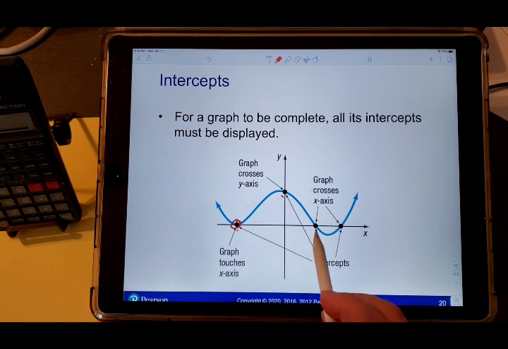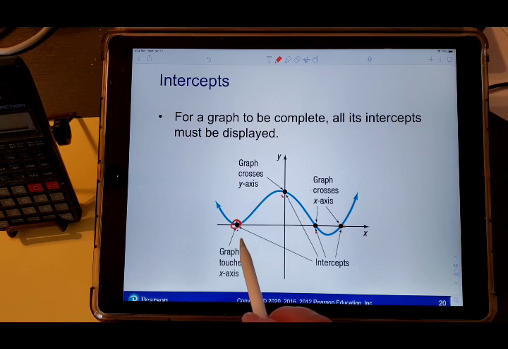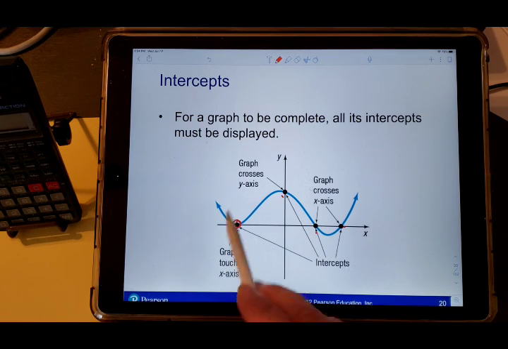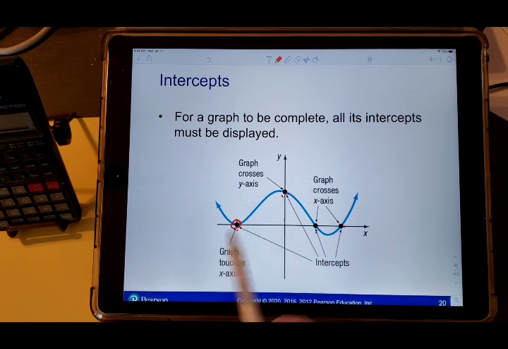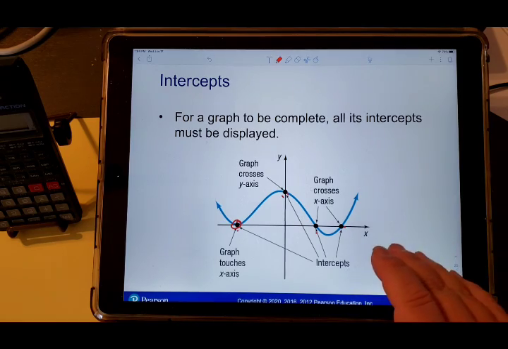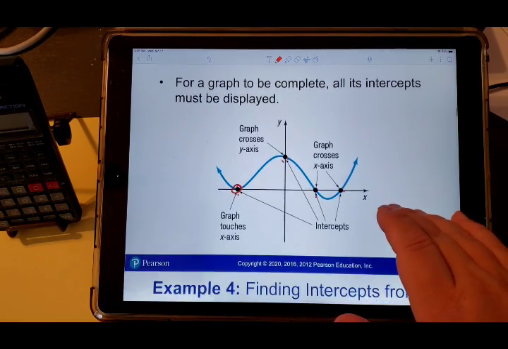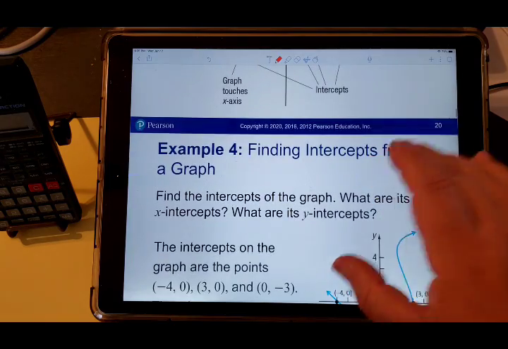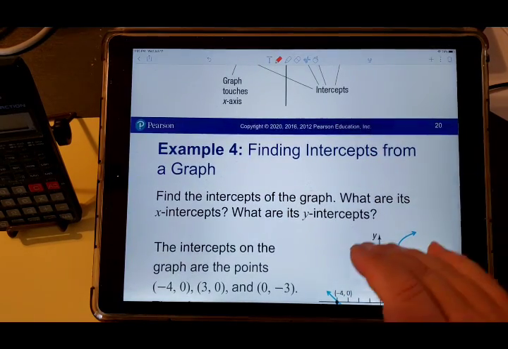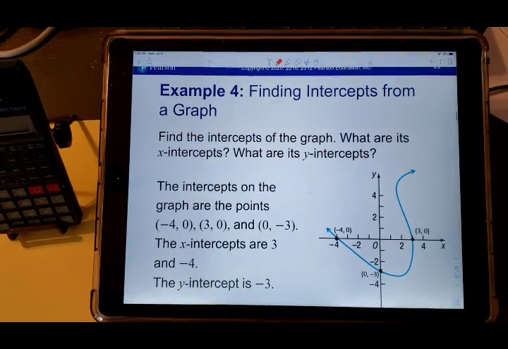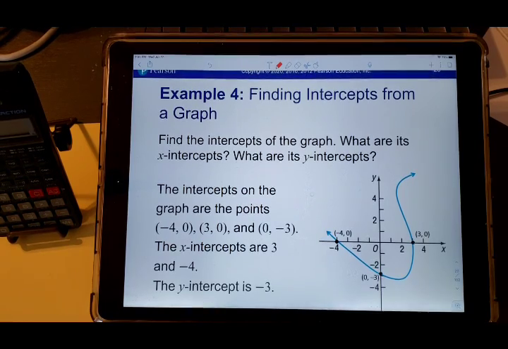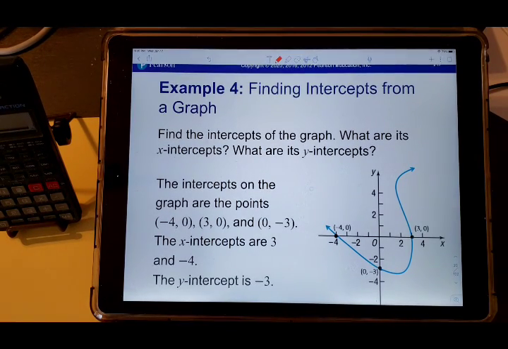So there's 1, 2, 3, 4 intercepts, 3 x-intercepts, 1 y-intercept. All right. And the intercepts are points that can be expressed as ordered pairs, and that's going to be important to us. Finding the intercepts. All right, well, that's what they're asking you to do here, just finding the ordered pairs.